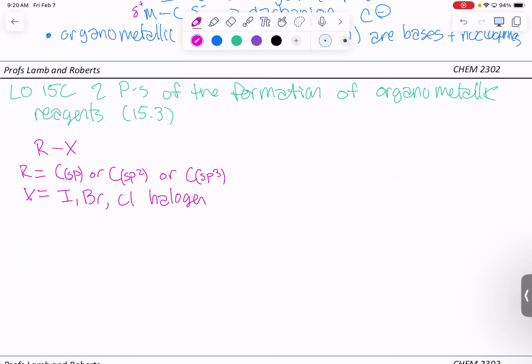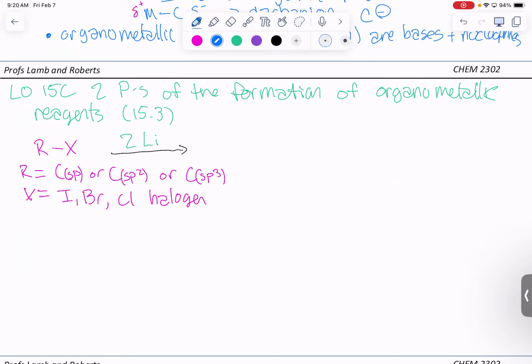We've seen this before when we've left out certainly our radioactive halides and astatine, but we've left out fluoride in this series. So we don't make Grignard reagents or organolithium reagents or magnesium reagents from the fluorides. All right. So in order to make a lithium reagent, what we're going to do is we're going to add 2 equivalents of lithium.